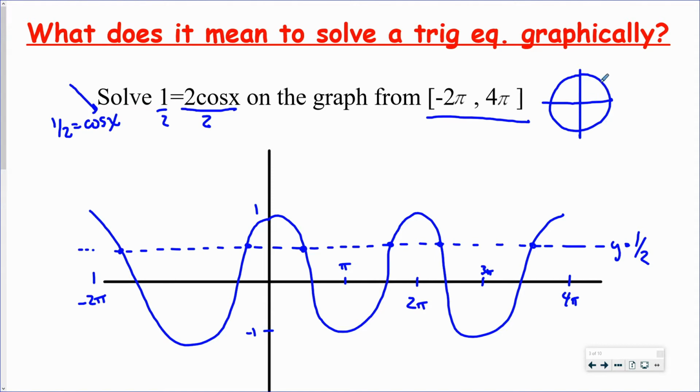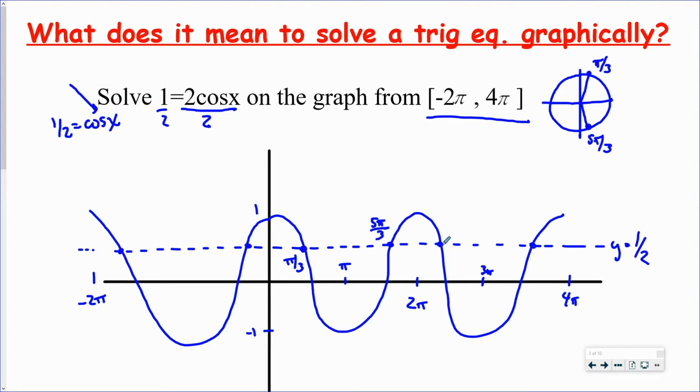It's not pi over 4, because it's square root 2 over 2 there. It's actually over here at pi over 3, and that's positive 1/2. Over here is negative 1/2, so we actually have to go down over here. And I don't know if you guys remember, but this is going to be 5 pi over 3. Okay, so this value must be pi over 3. This value must be 5 pi over 3.